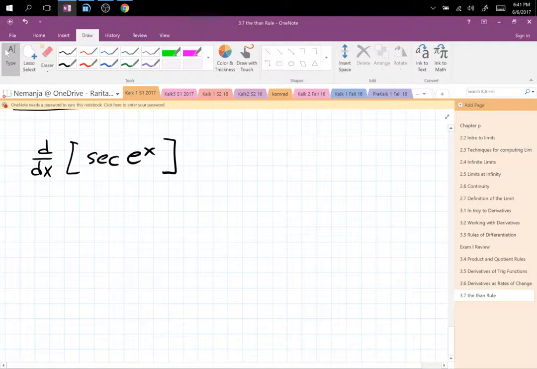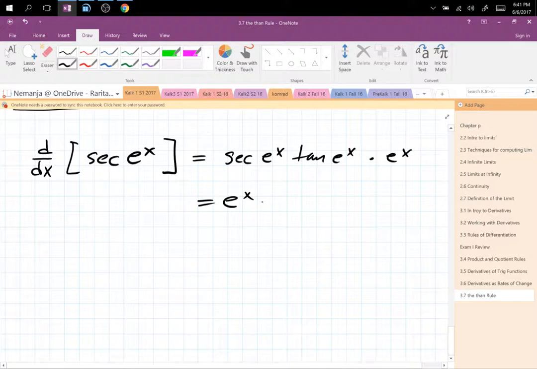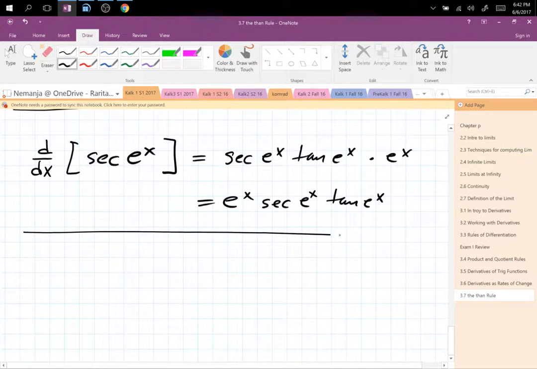So which one is the main function? Secant. What's the derivative of secant? Secant x tangent x. So it has to be secant mass tangent mass times the derivative of the mass. So secant mass tangent mass times the derivative, which is another one of these. And to make it pretty, there we go.